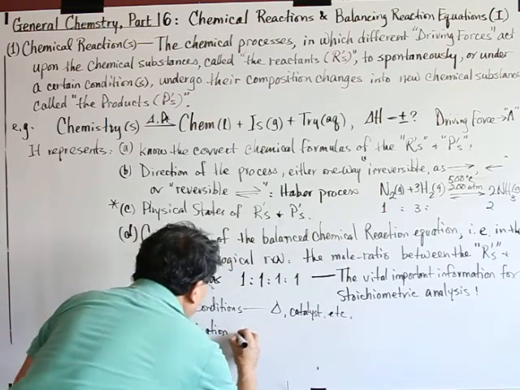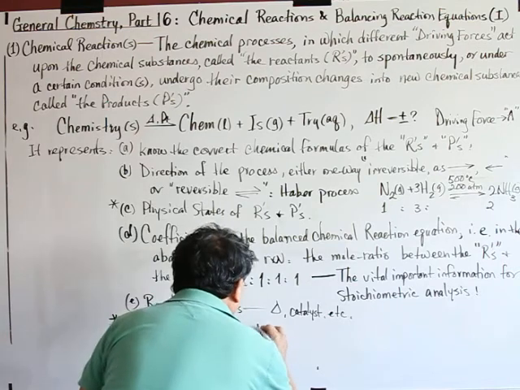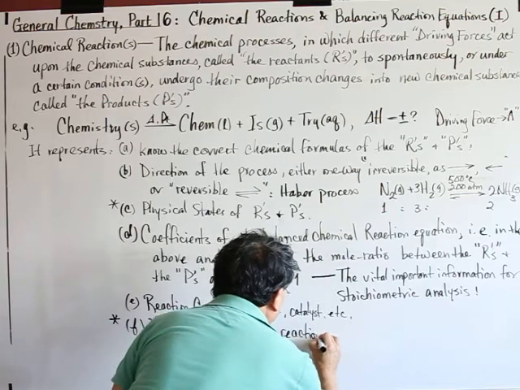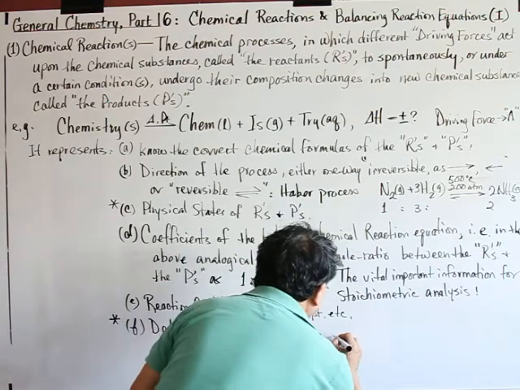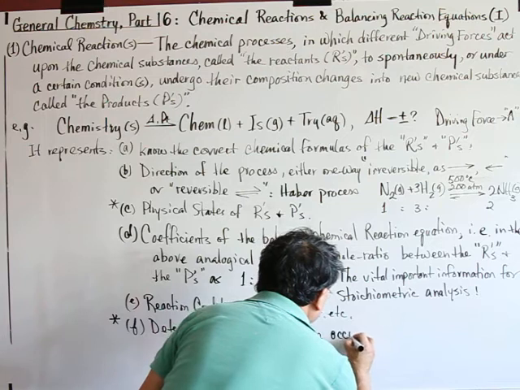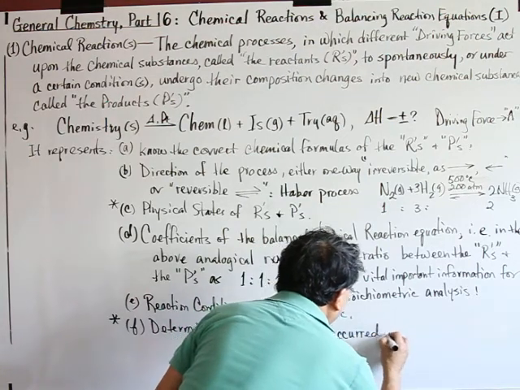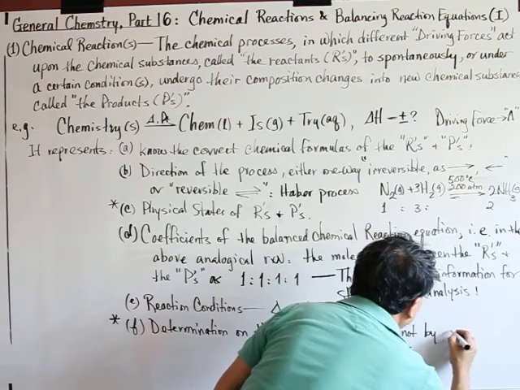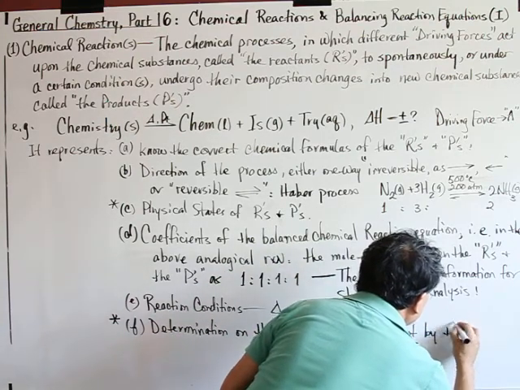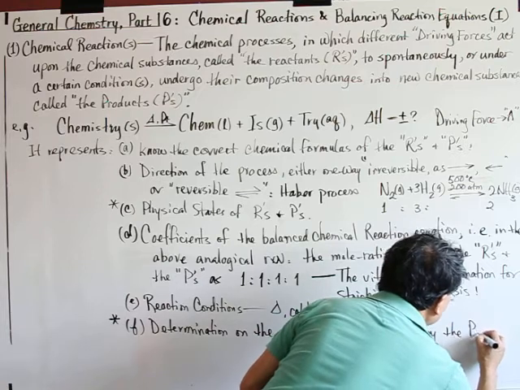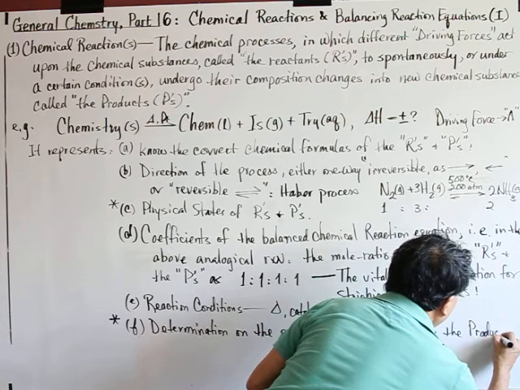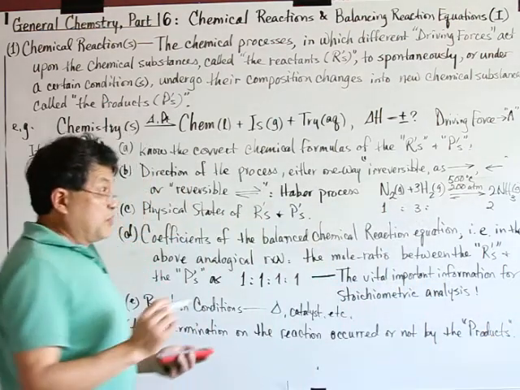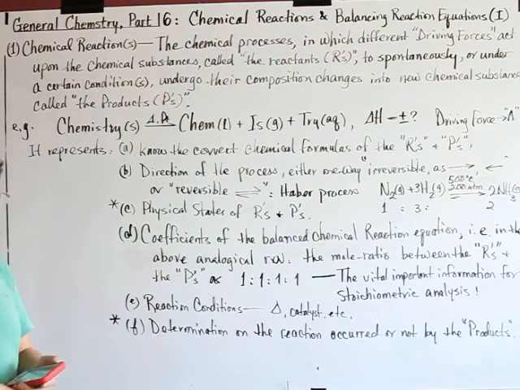And by the way, we may put one more point here: determination of whether the reaction occurred or not by the products. In other words, sometimes the products do not really come out as a product.